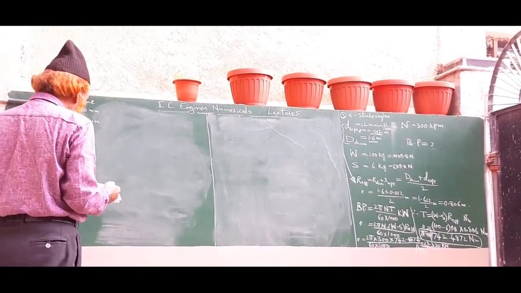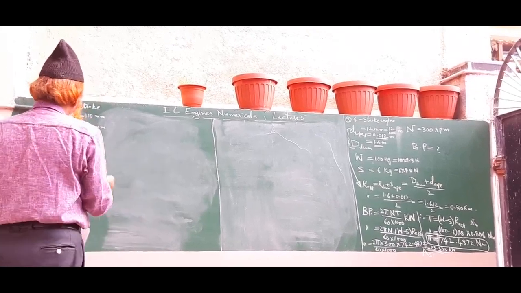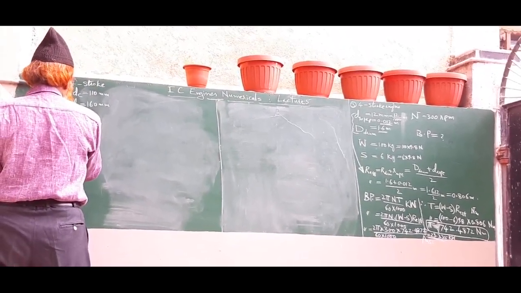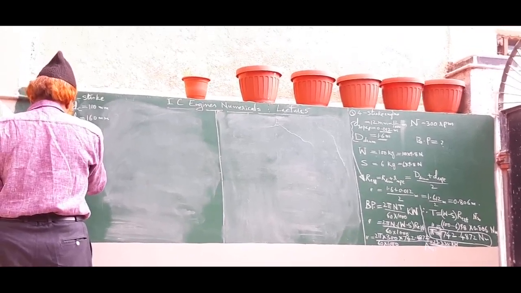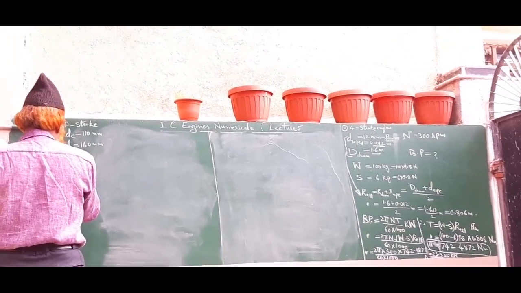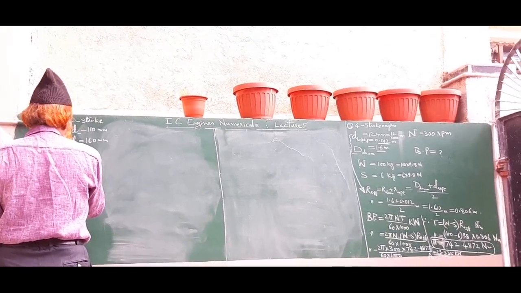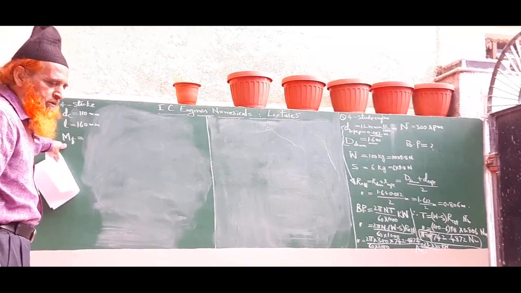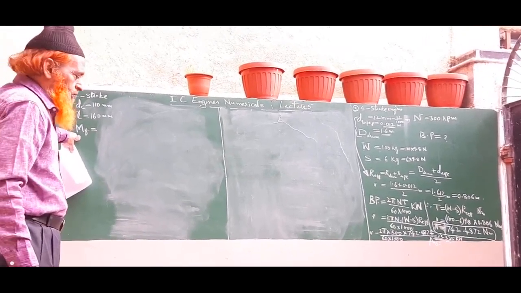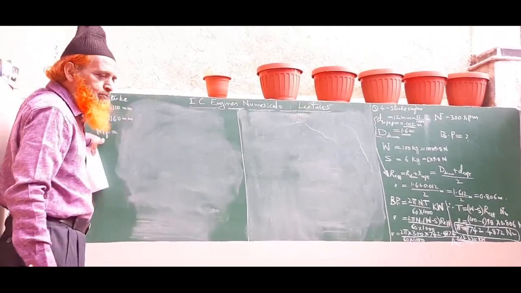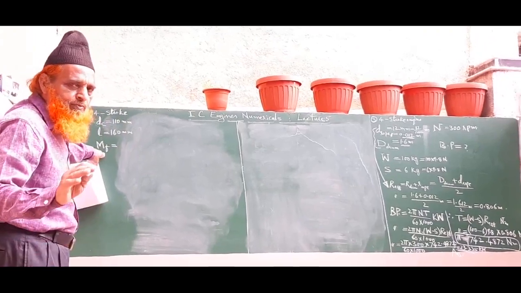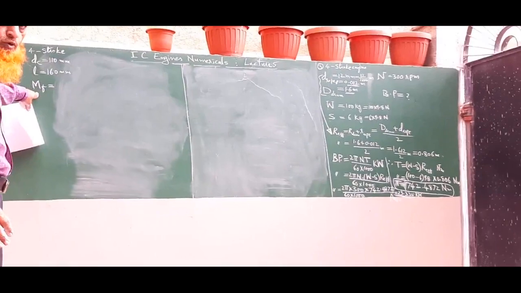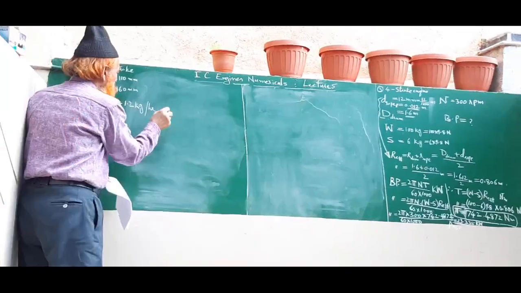Consumes 1.2 kg of fuel per hour. Fuel consumed per hour is given, therefore you take down capital M. When fuel consumed per second is there, we can take small mf, as in the calculations I have shown you.